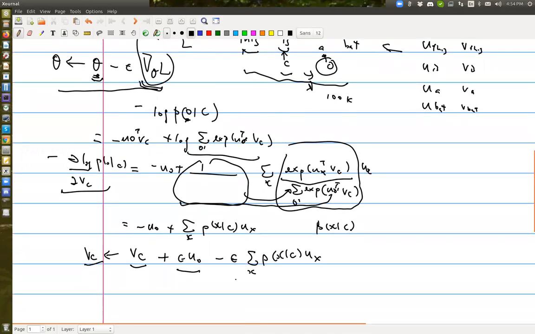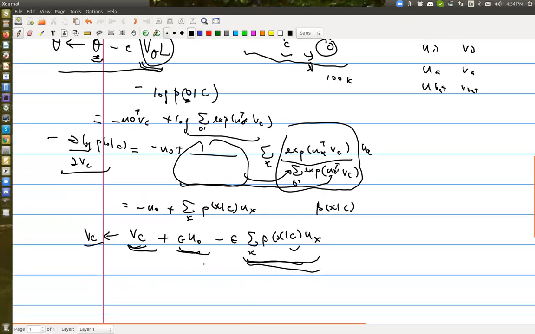At the same time, I try to make V_C less similar to the conditional average of all the U's given my center word. So it gets farther away from this average, but closer to U_O. It makes lots of sense.